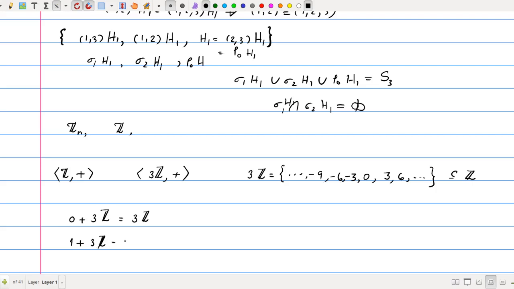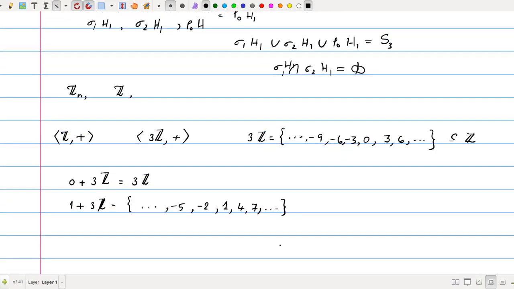What will 1 plus 3Z give? You need to add 1 to all these elements. So instead of 0 we will get 1, and here we have 4 and 7, etc. Here we have minus 3 plus 1, that is minus 2, and minus 6 plus 1, that is minus 5, and so on. So this is 1 plus 3Z.